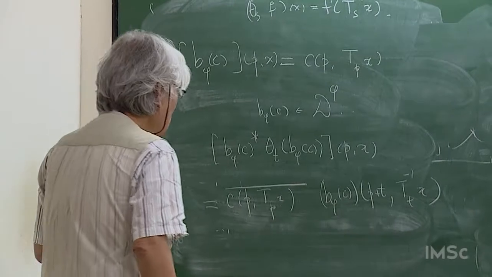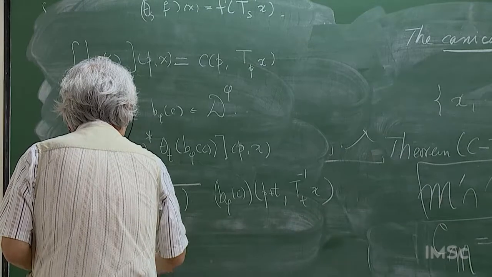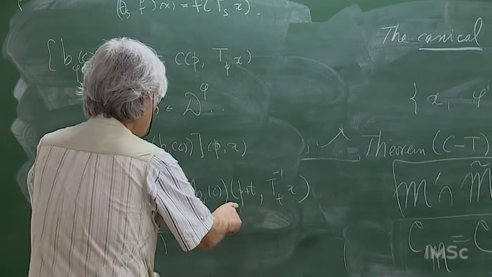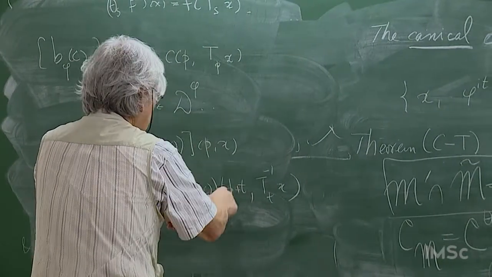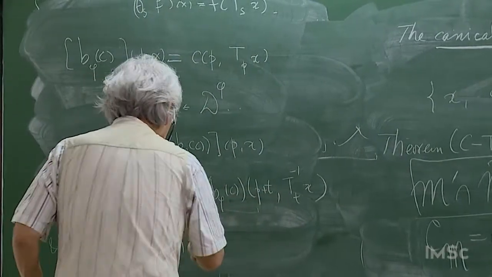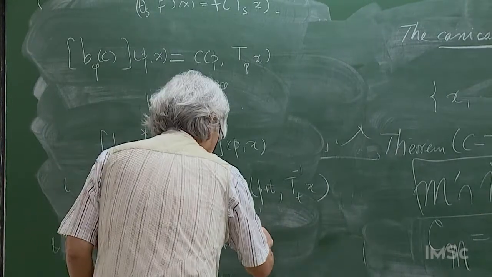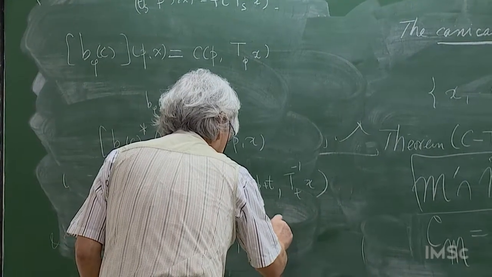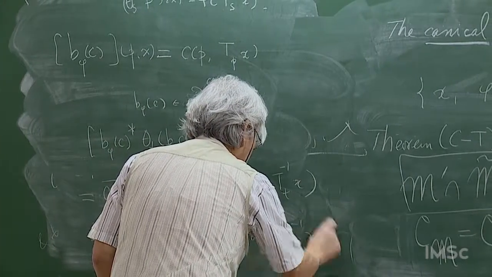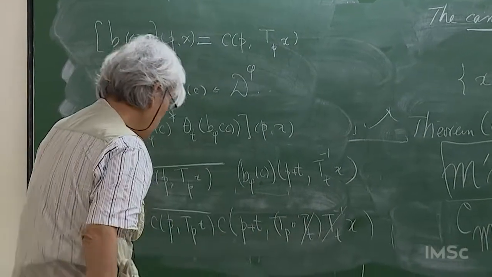Now, this is C of P, T P X conjugate. What was the definition of this one? You take C of this value times T of this, T P plus 1. So this is C of P plus T, T P circle T T, and T T inverse of X. So this T T disappears.